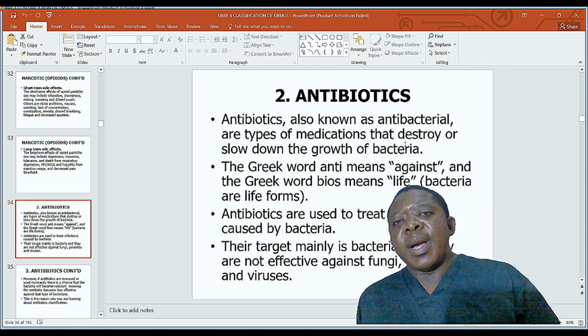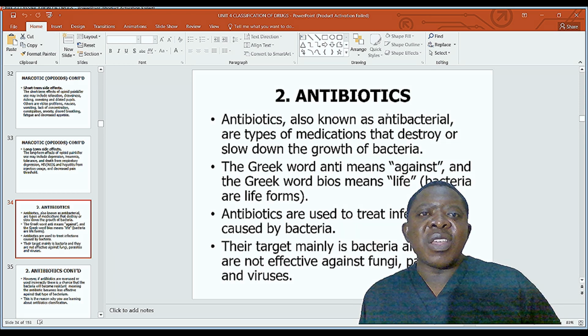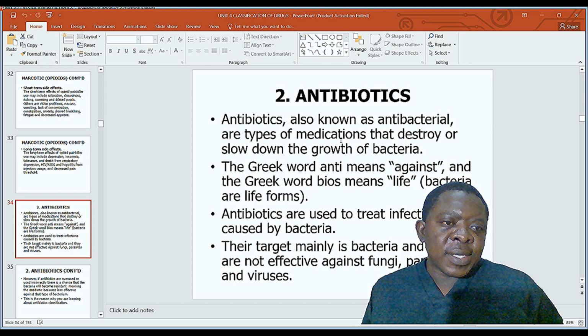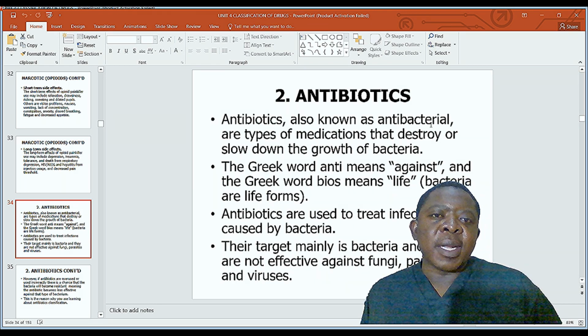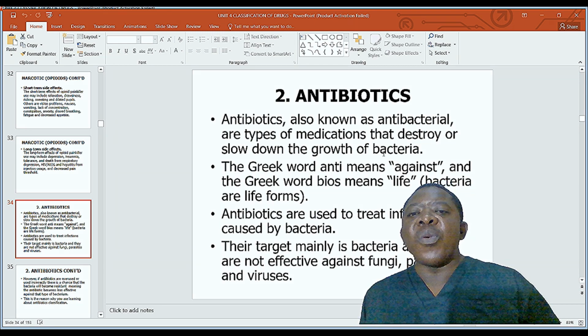All right, so now let us look at antibiotics as another class of drugs that are used within the hospital. Antibiotics, also known as antibacterials, are types of medication that destroy or slow down the growth of bacteria.